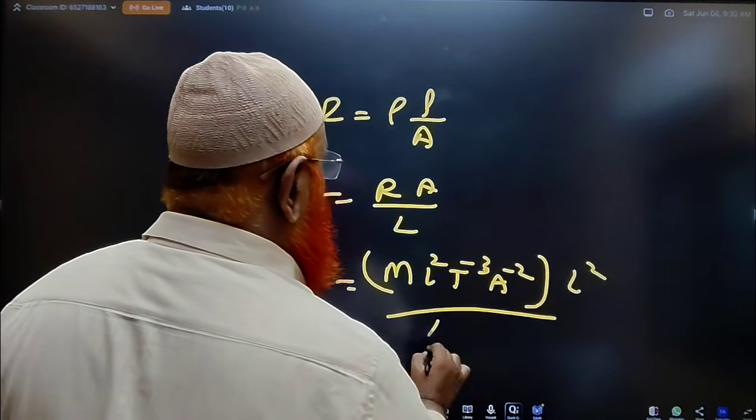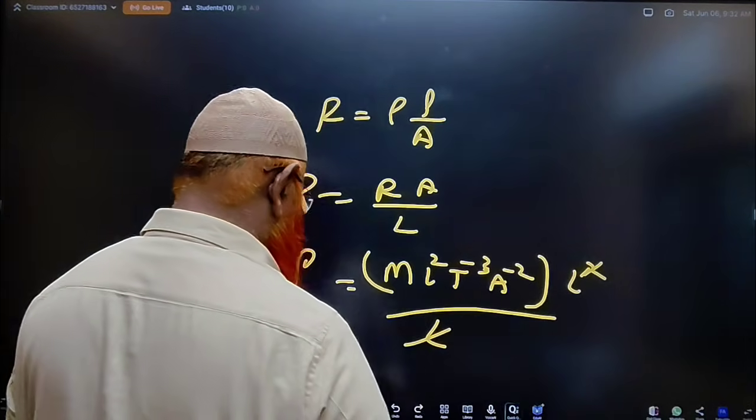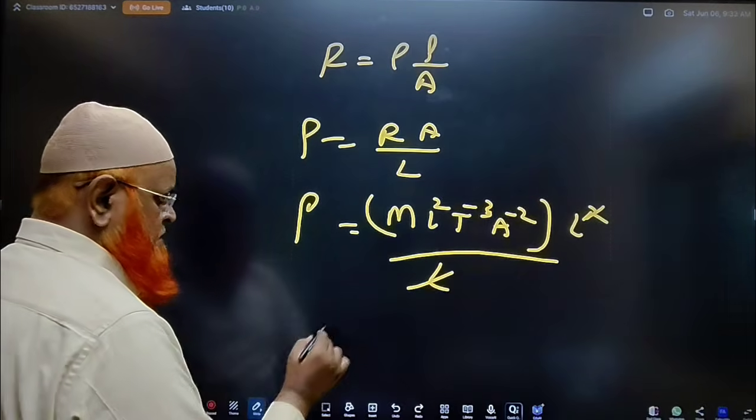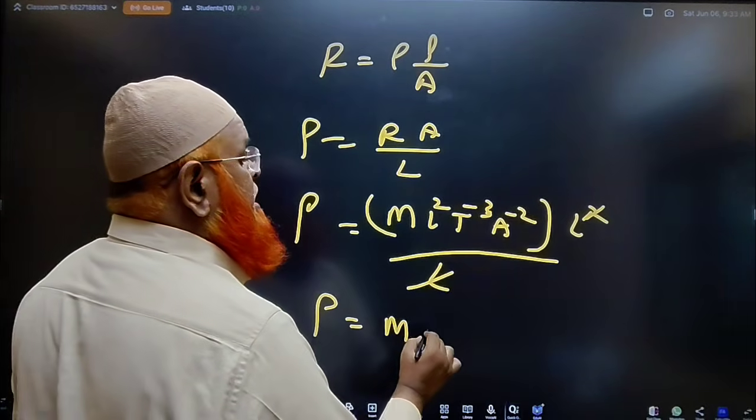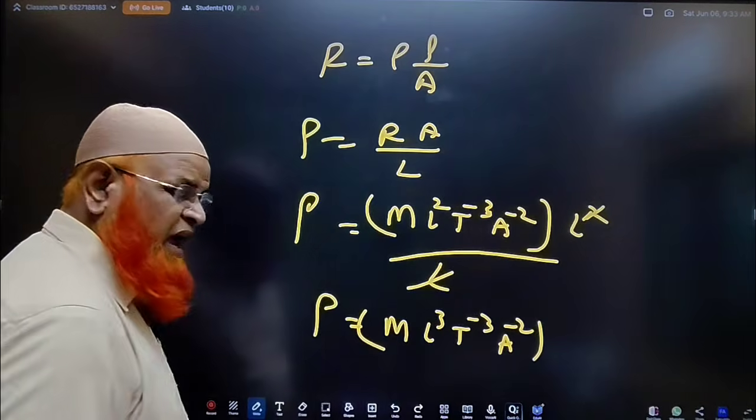Area is L², again one more L, so that gets cancelled. So what is left finally? Rho is equal to ML³ T^-3 A^-2, that is going to be the formula. Is it okay?